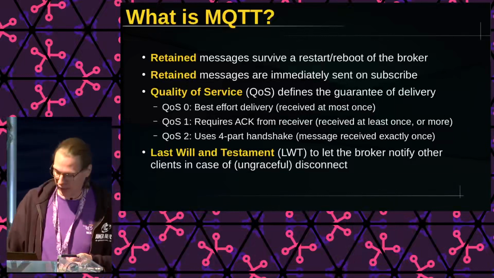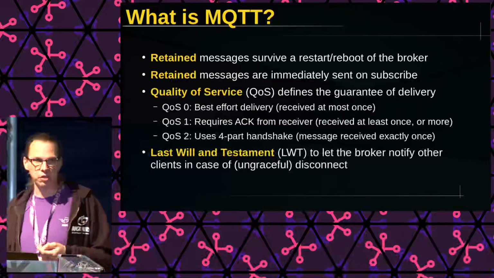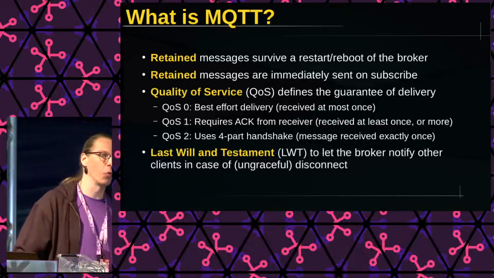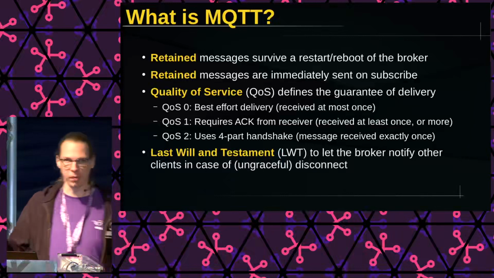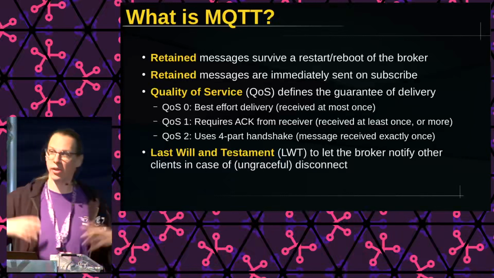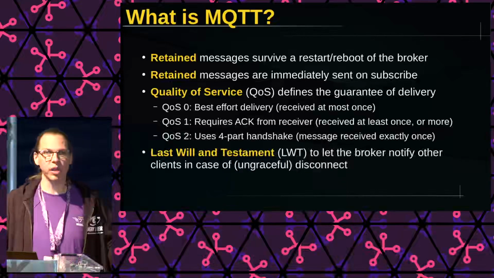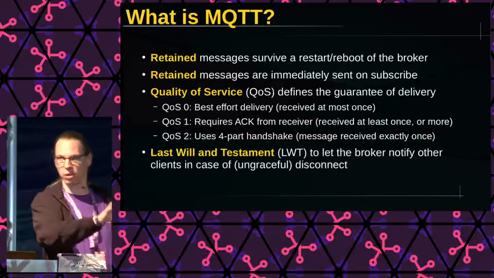Last will and testament is a method where you can, while connecting, tell the broker, okay, if you lose connection with me, please inform others of my disappearance by sending this message to this topic.